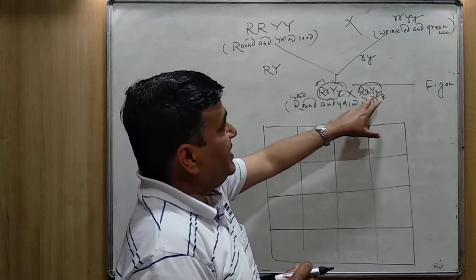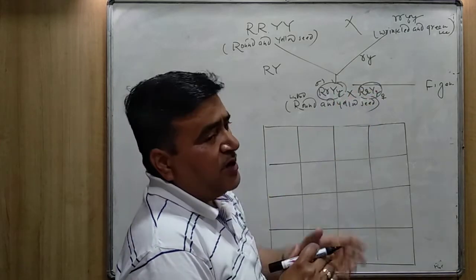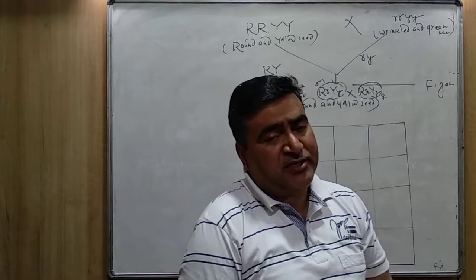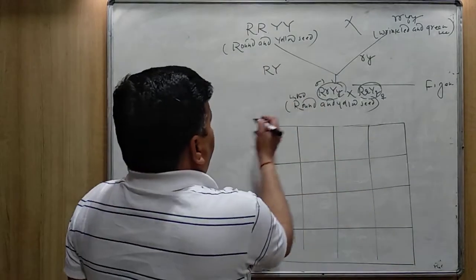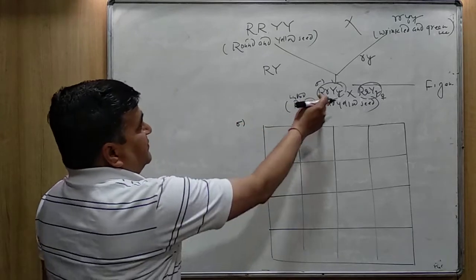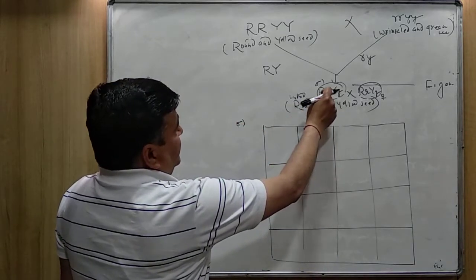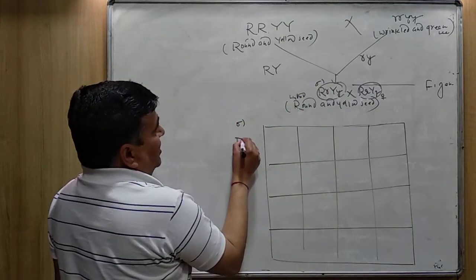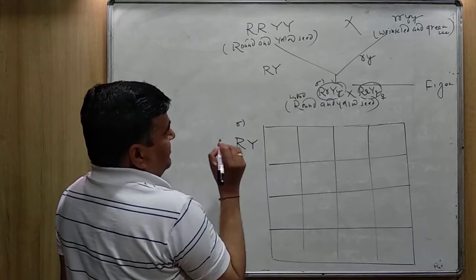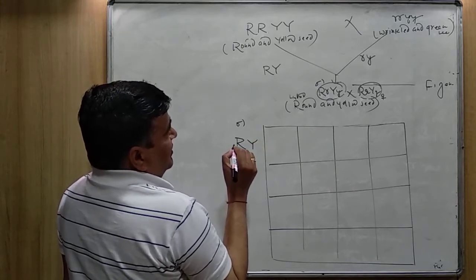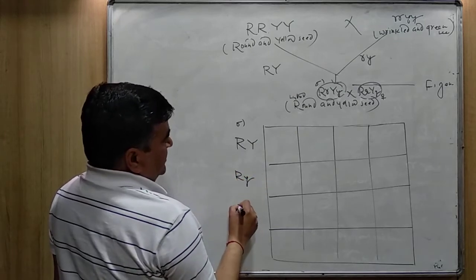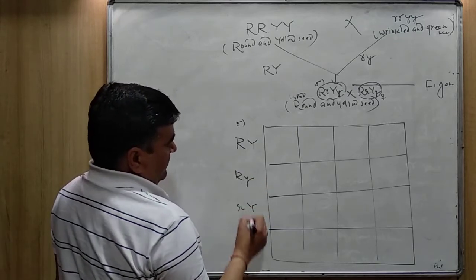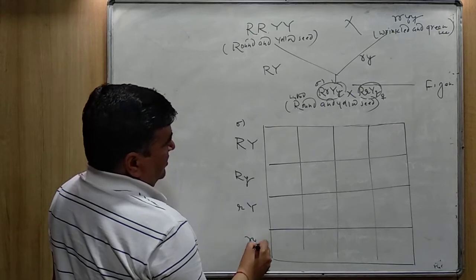Because the plant is the same, you have to write the same genotype 2 times. Now you see what kind of pollen grains will be formed from here. The pollen grains: capital R, capital Y; capital R, small y; small r, capital Y; and small r, small y.